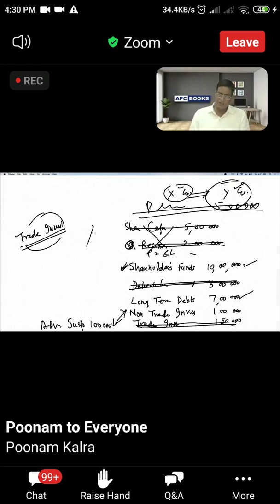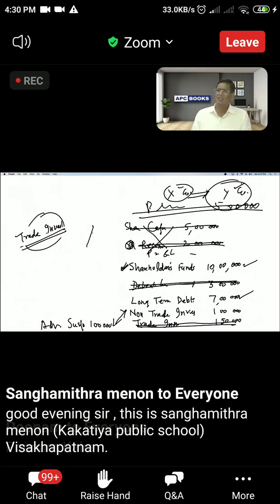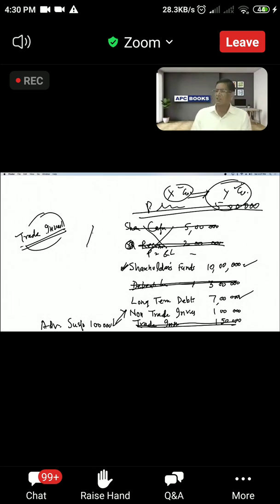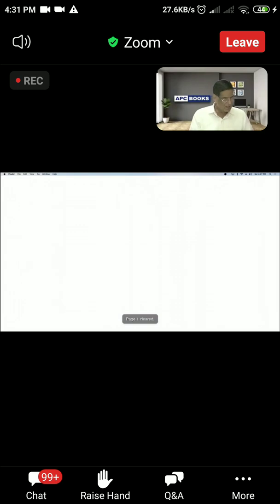So that is the liability side approach discussed in this illustration number 2. I think we have discussed many points. And now we come to the next, illustration number 3, in which we shall discuss the asset side approach.